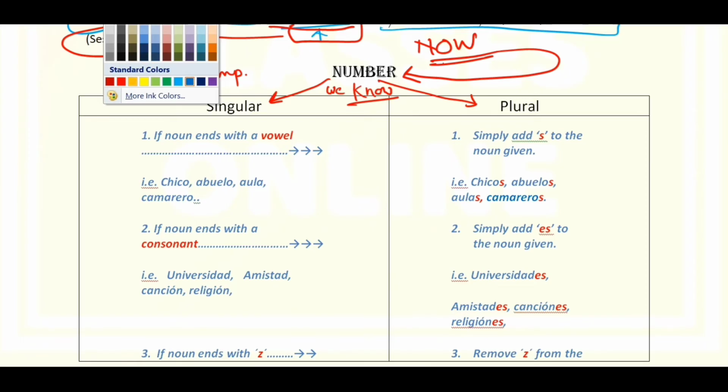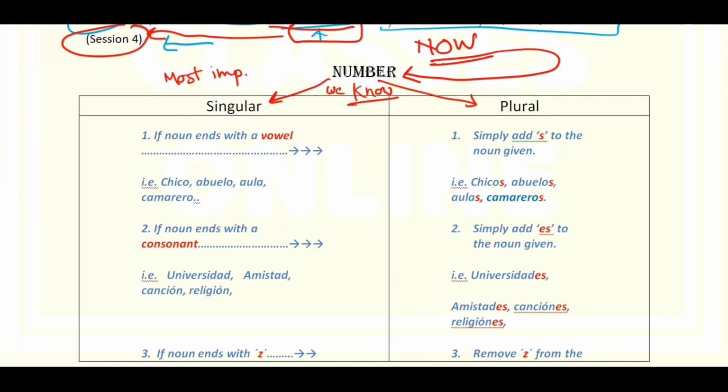So there are several important easy rules we have written here, and you will be learning in this order. You will be learning how to convert singular nouns to plural, and there are very easy steps.